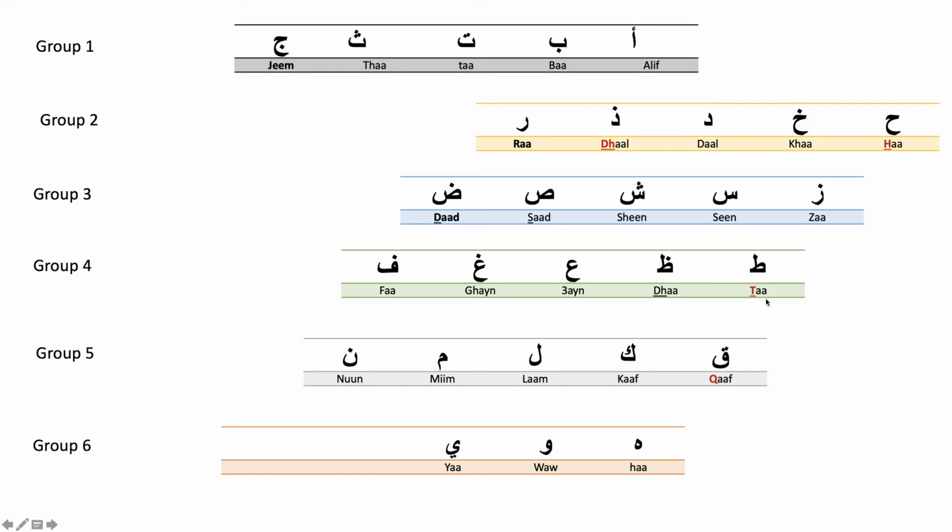The fourth set: ta, dha, عين, غين, فاء. The fifth one: قاف, كاف, لام, ميم, نون. And the last one: ها, واو, ياء.